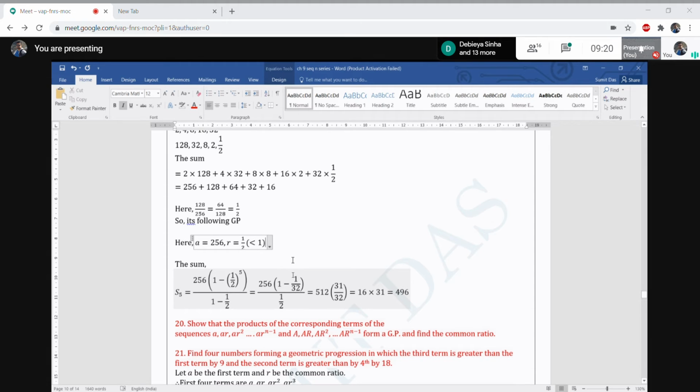Now simple calculation: this 2 will come up, 256 into 2 is 512, and 1 minus 1 by 32 is 31 by 32. The 32 and 512 will cancel, so you will get 16 into 31, that is 496.